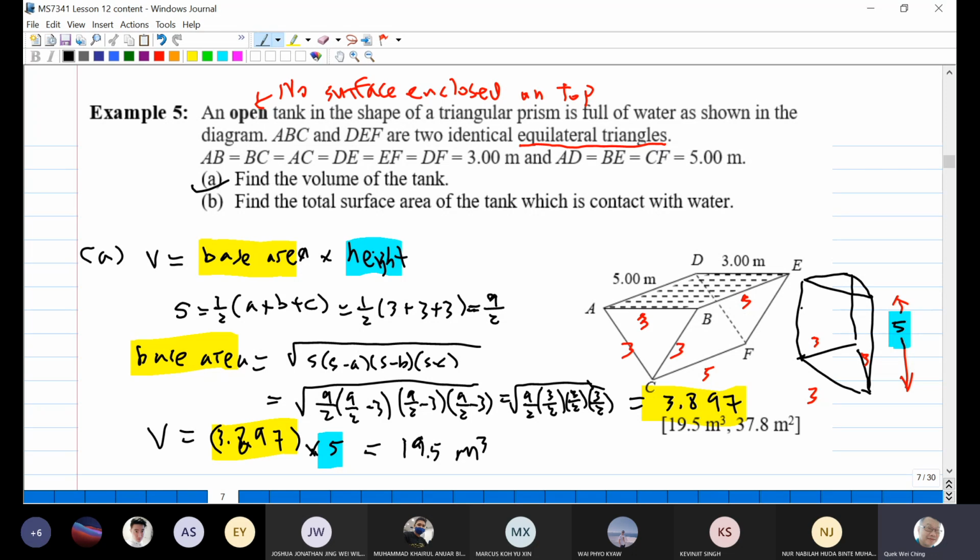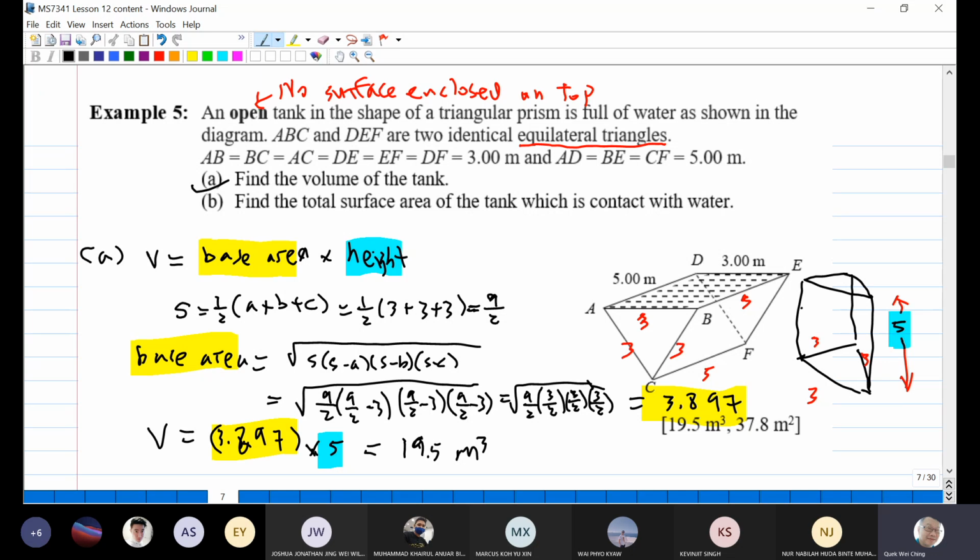Then you copy the solution for part A. Okay, now I move on to part B now.